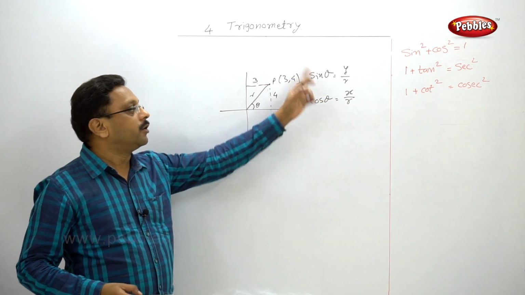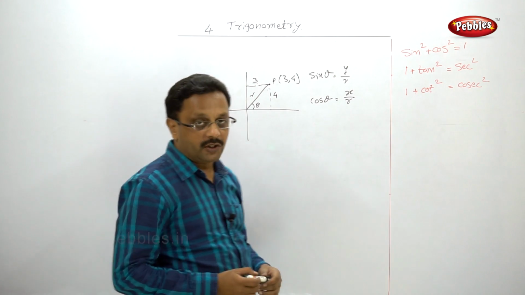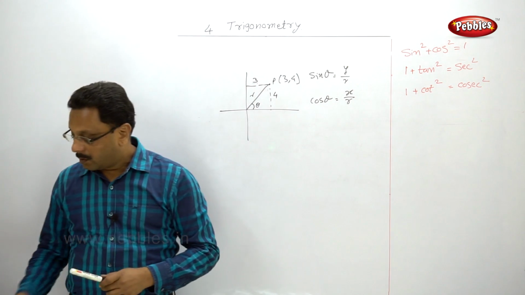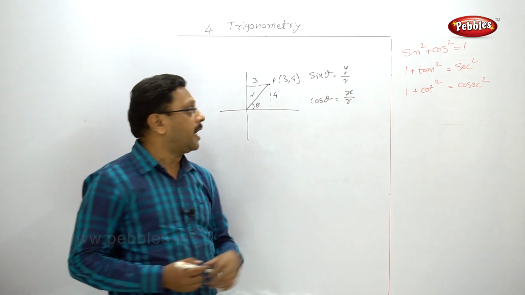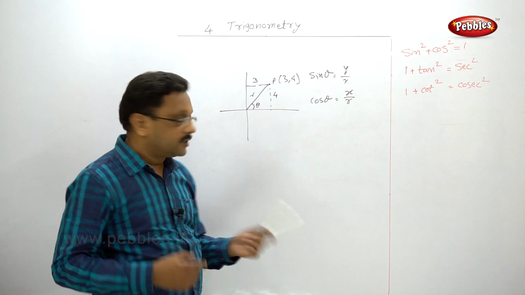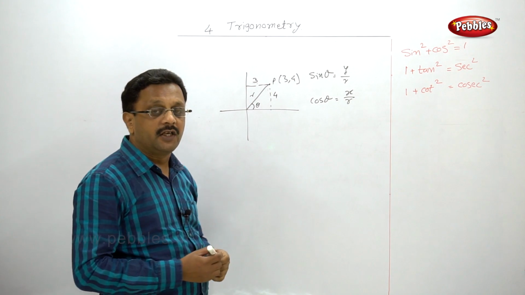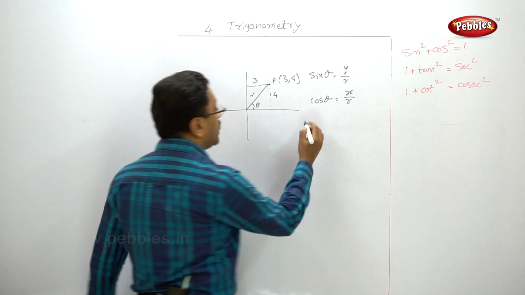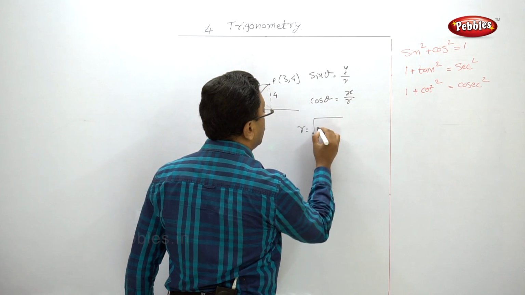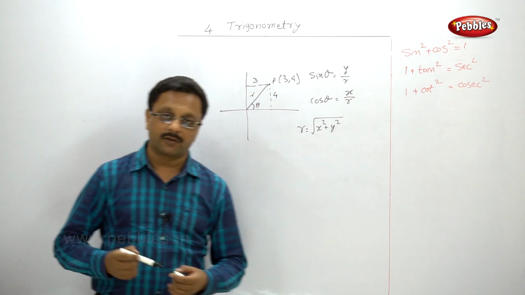So r will be equal to y upon sin theta or r will be equal to x upon cos theta. Also, since this is a right angle triangle, we can easily find out the value of r, that is r is equal to root of x square plus y square. This is just by Pythagoras theorem.